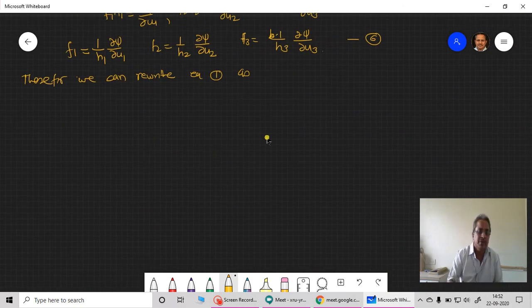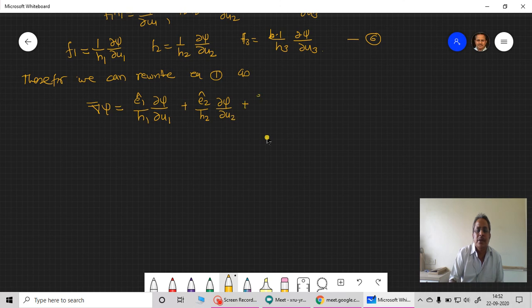So grad psi is equal to E1 cap upon h1 into ∂ψ/∂u1 plus E2 cap upon h2 into ∂ψ/∂u2 plus the third component E3 cap upon h3 into ∂ψ/∂u3.